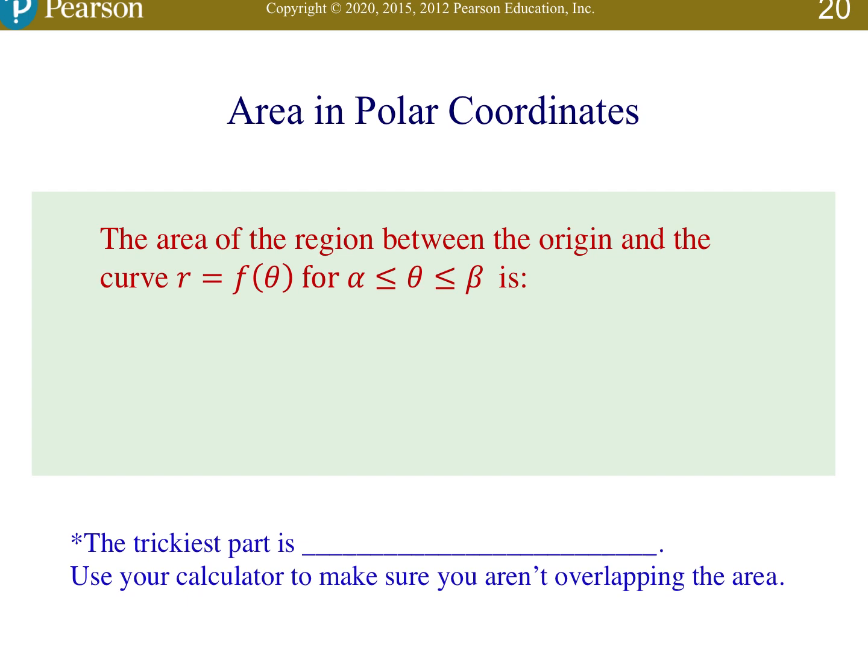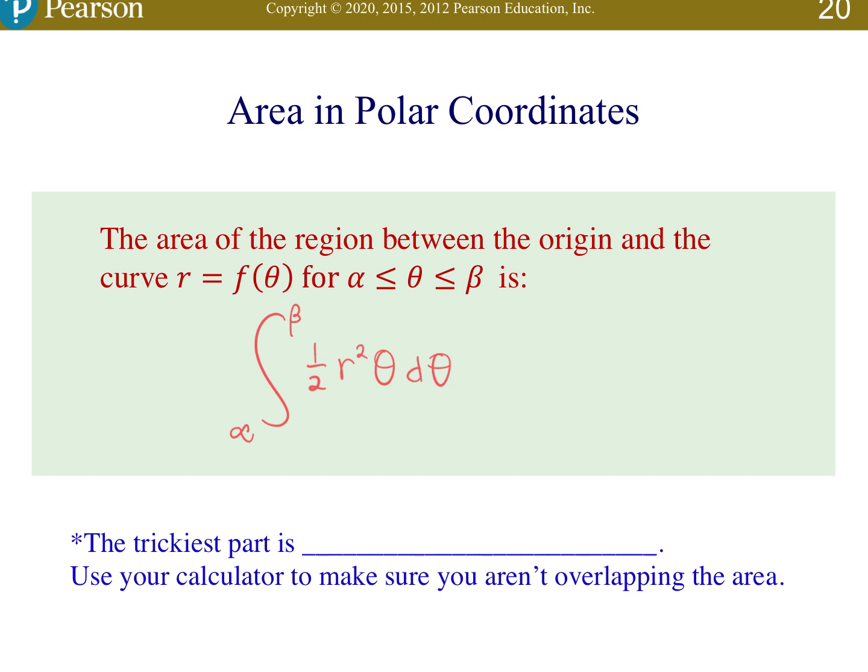All right, so here we go. The area for the region between the origin and the curve from alpha to beta is, and so now we're going to define it as the integral from alpha to beta of 1/2 r squared theta d theta.